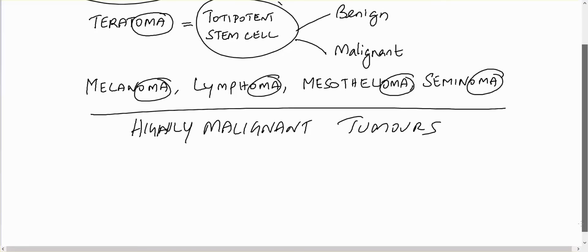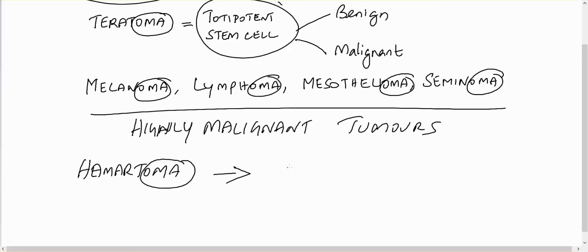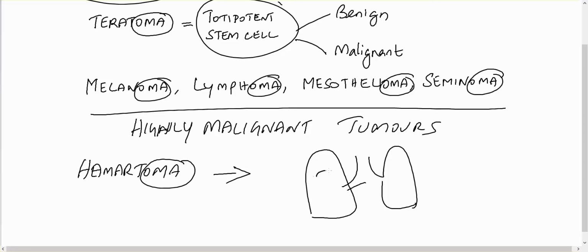Now there is another group of diseases that are not tumors actually. The condition is called hamartoma. They look like a benign tumor, but they are not tumorous. They are normal tissue placed in a wrong place. For example, in the lung you have a cartilage.